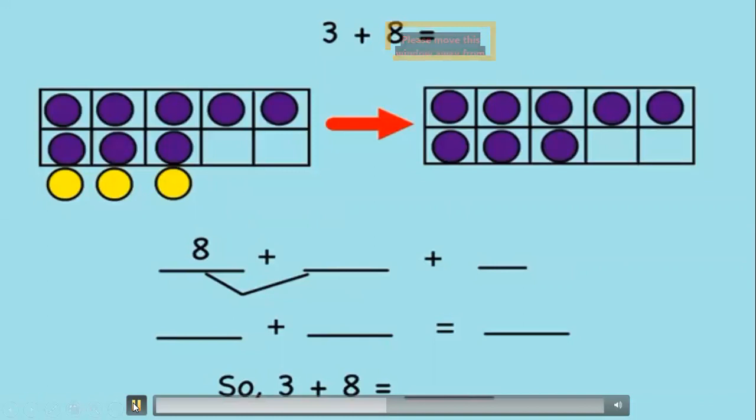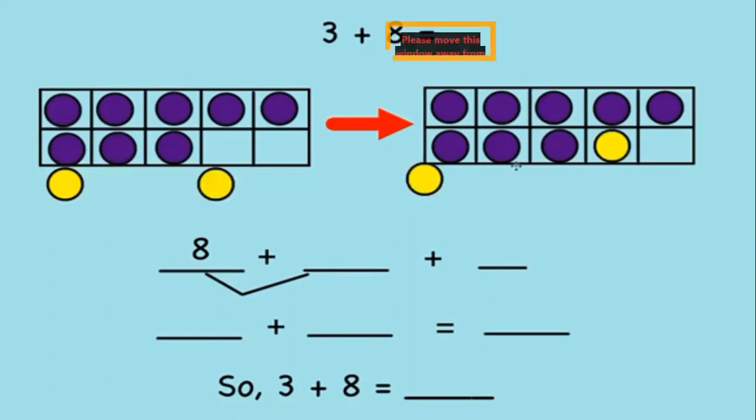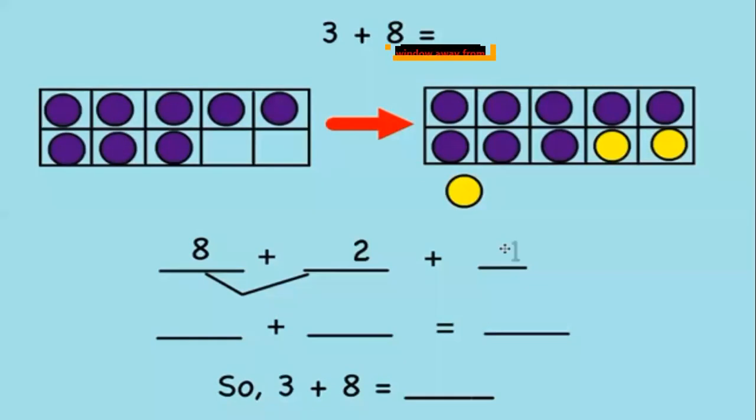Let's try it again. 3 plus 8. This time we start with the 8 in our 10 frame. We always want to start with the biggest number in our 10 frame. Now I'm going to use my extra to fill in. It took 2, so 8 plus 2, and I have 1 left over.